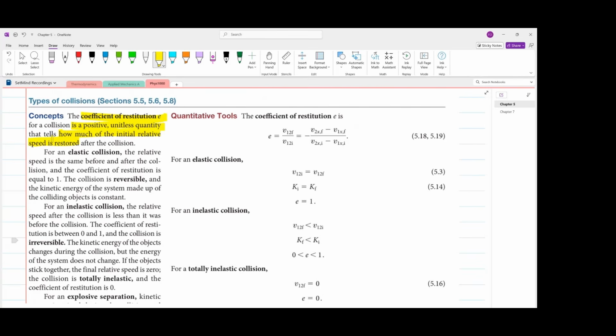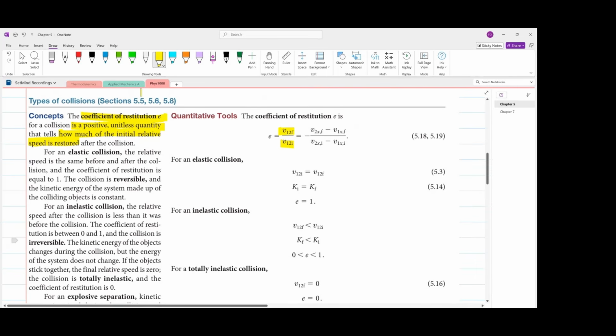So how much speed remains, how much speed is not dissipated. And the formula for the coefficient of restitution is just the final relative velocity divided by the initial relative velocity.